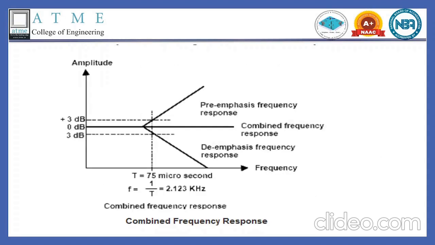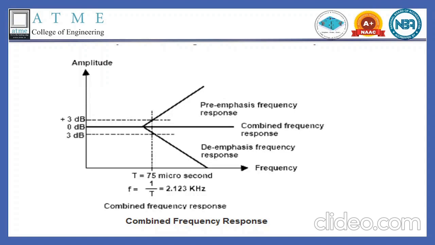This is the combined frequency response curve we are going to plot, wherein the y-axis is the amplitude of the signal and the x-axis is the frequency. As and when the frequency increases in pre-emphasis, the voltage increases, which will increase the gain in dB.